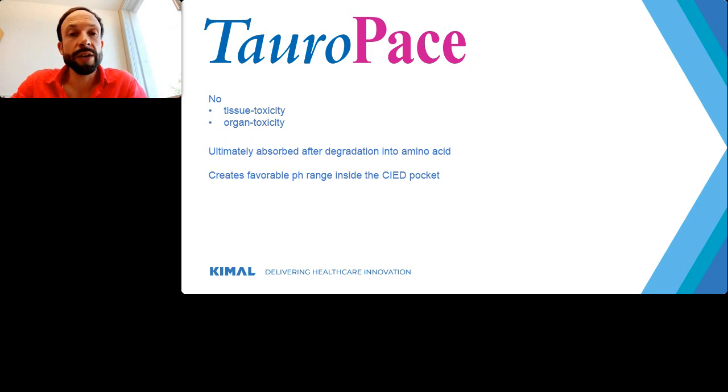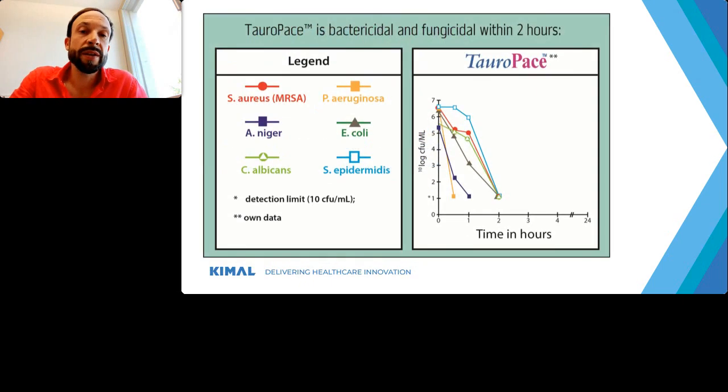Again, the chart that you're all familiar with: the activity of Toropace within 2 hours, in terms of log regression of colony-forming units in endemic species that we face day in, day out in CIED infections.